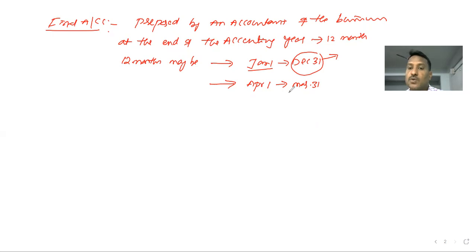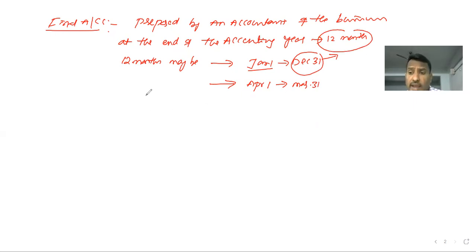So this is the second accounting year. The accounting year should be 12 months, either from January to December, the first accounting year, or from April to March, the second accounting year.